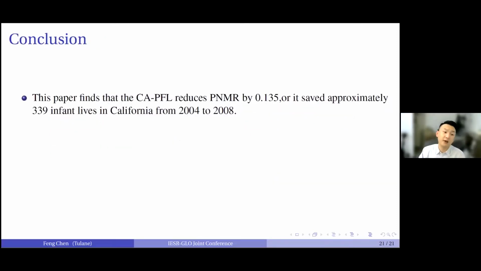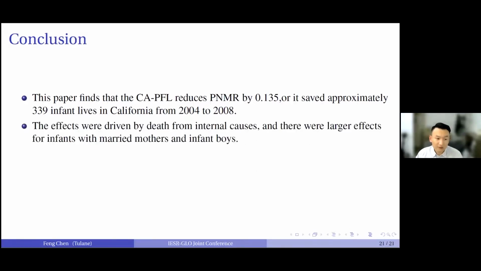Okay, to conclude, this paper found that California's paid family leave program reduced postneonatal mortality by 0.35, which saved approximately 309 infant lives in California from 2004 to 2008. This effect was driven by deaths from internal causes, and there were larger effects for infants with married mothers and for infant boys.